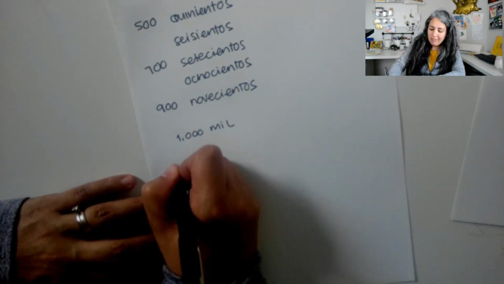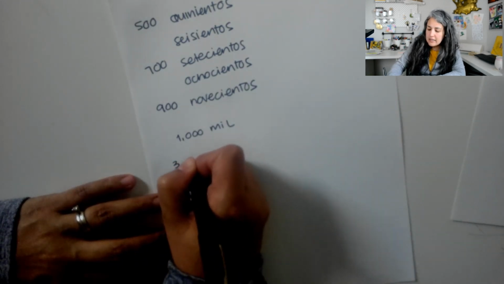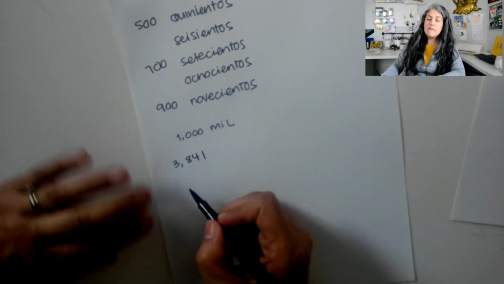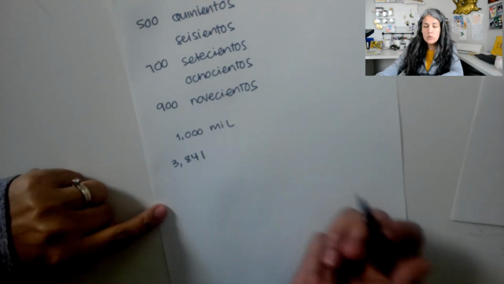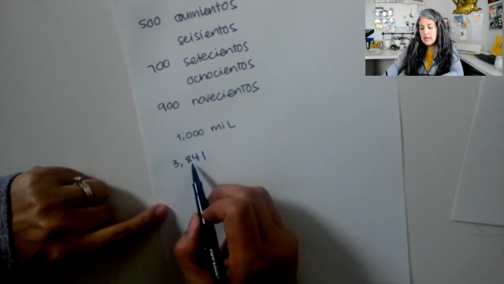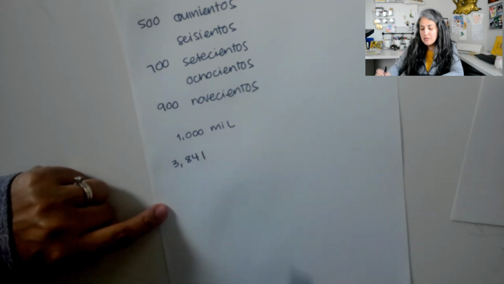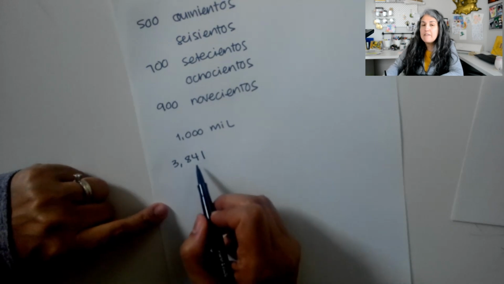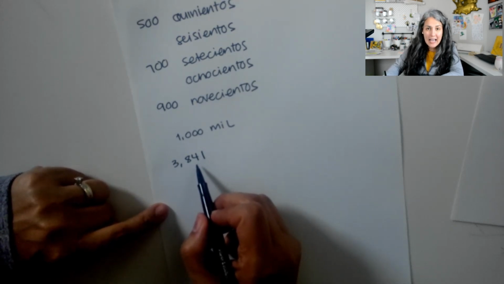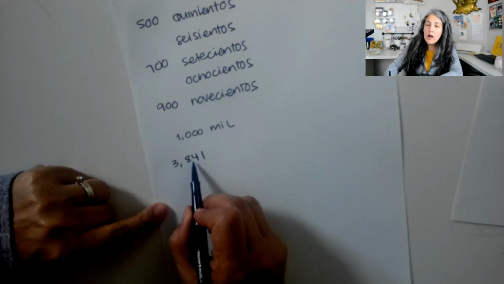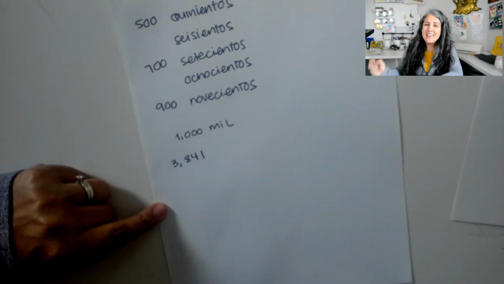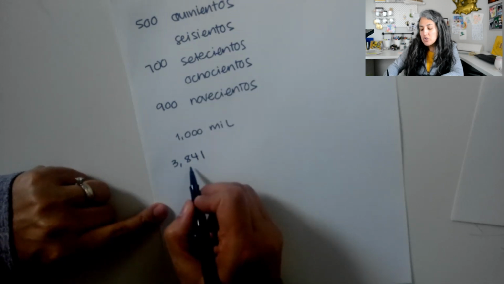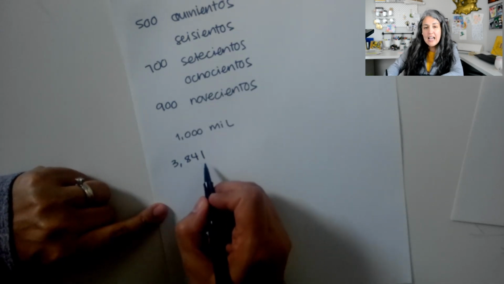Let's do 3,841. So from the 3,000, which is tres mil, 800, 3,800. We have the 40, and 1, 41. So let's say the whole number again. 3,841.